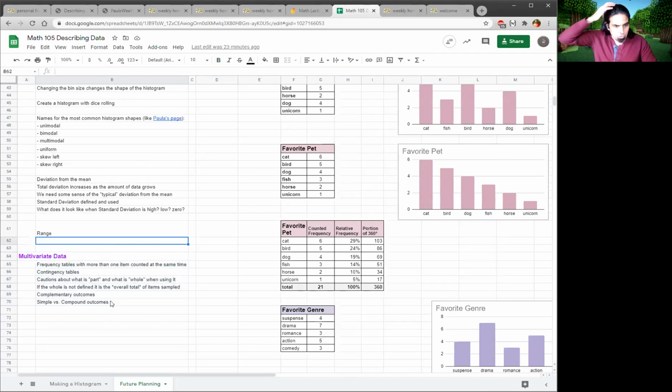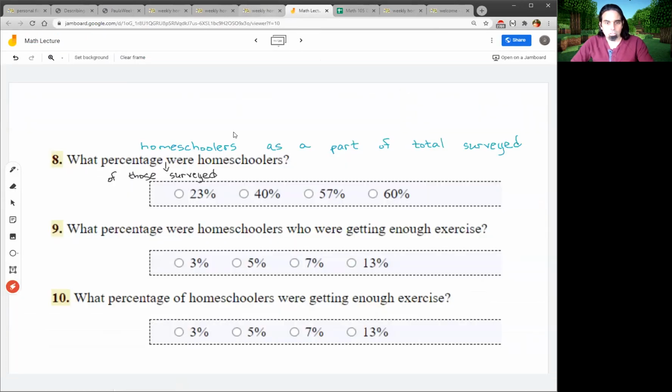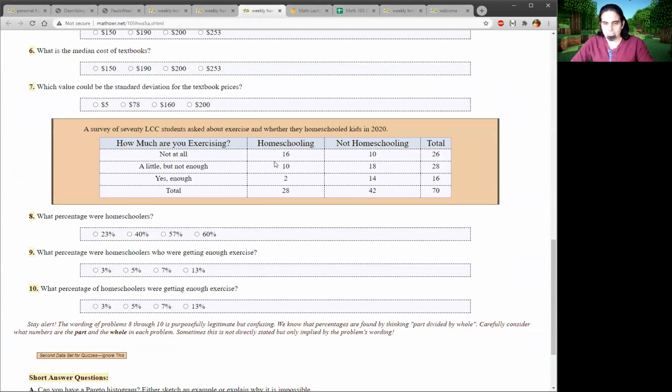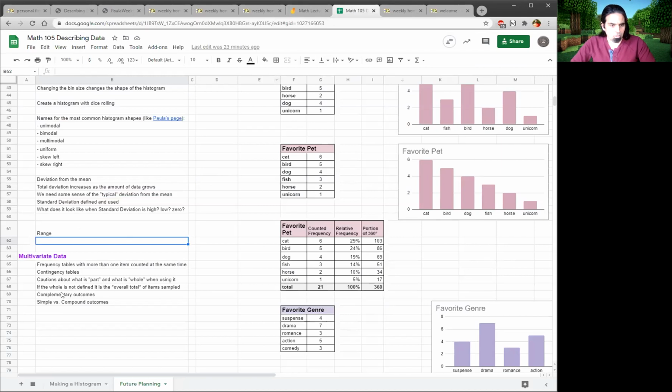There's a little bit of jargon we haven't talked about. That kind of table we just saw is called a contingency table. Certain things are contingent on others. If you are a schooler that is getting enough exercise, that's contingent on you being a homeschooler. And there is jargon about a complementary outcome that's different than a compliment.